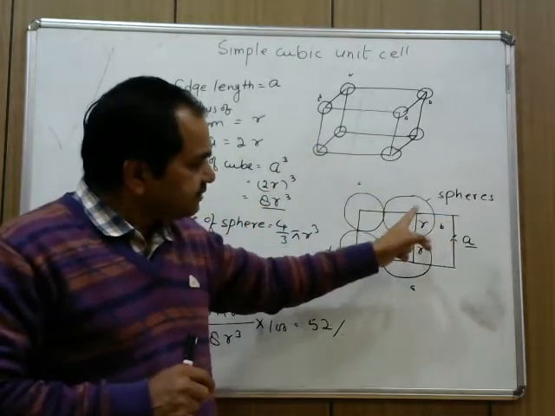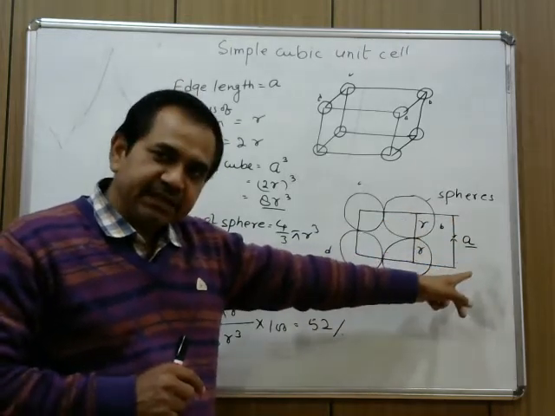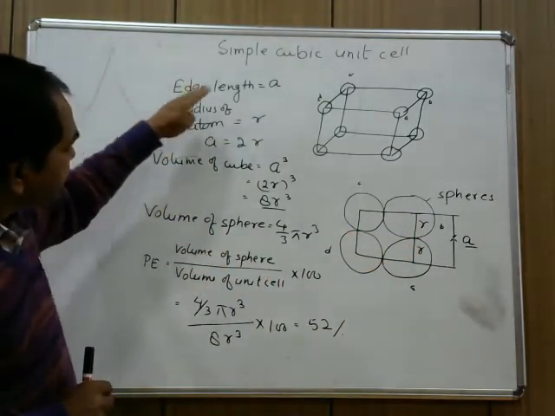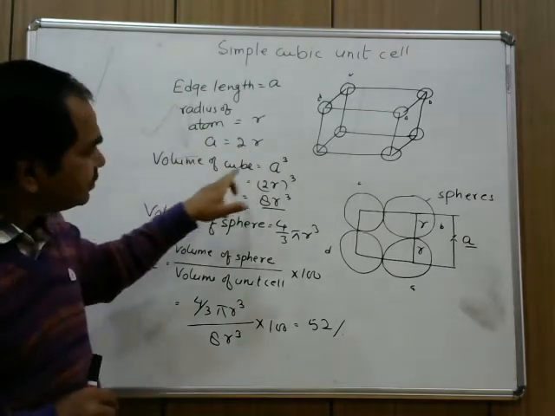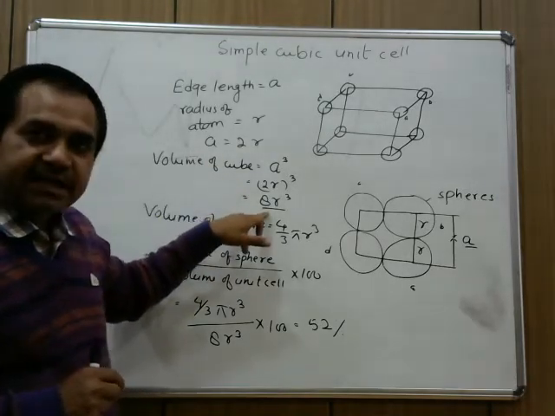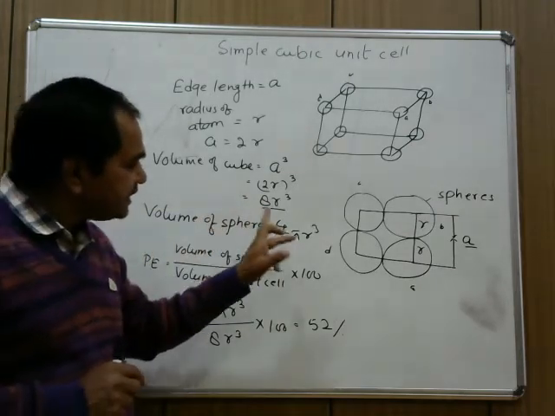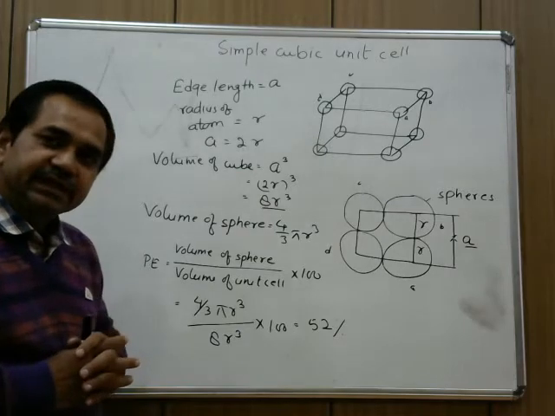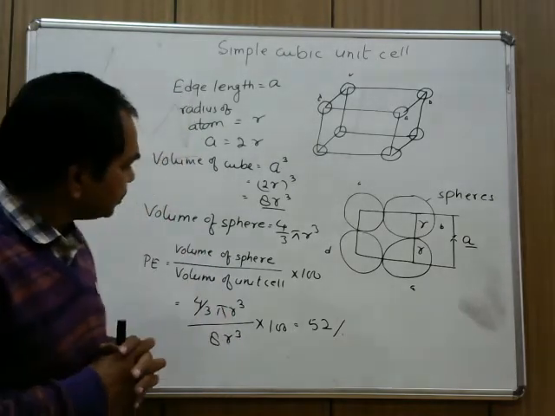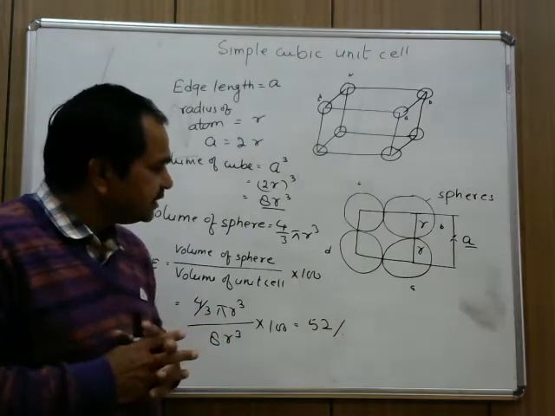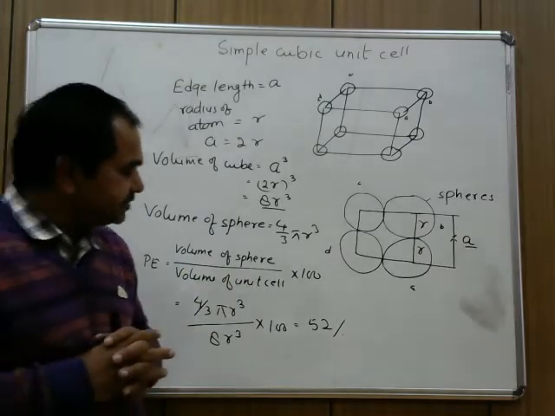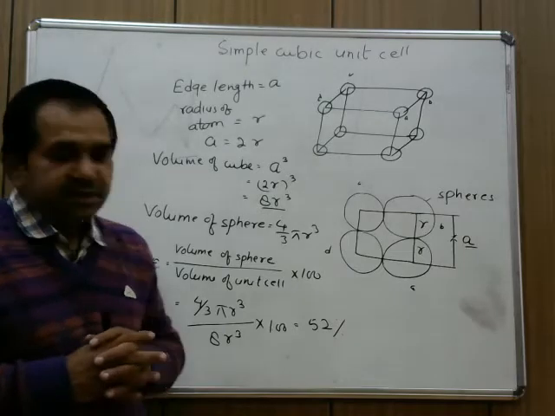So this distance between centers of two spheres refers to the edge length A, and this A is equal to R plus R. So edge length A is equal to 2R, and since volume of cube is given by A cube, so volume of unit cell comes to be 8R cube, while volume of sphere is given by 4 by 3 pi R cube, and since there is only one sphere in a basic or primitive cubic unit cell, so the total volume of a sphere comes to be 4 by 3 pi R cube, and once they are placed in the formula, we get packing efficiency of simple cubic unit cell.